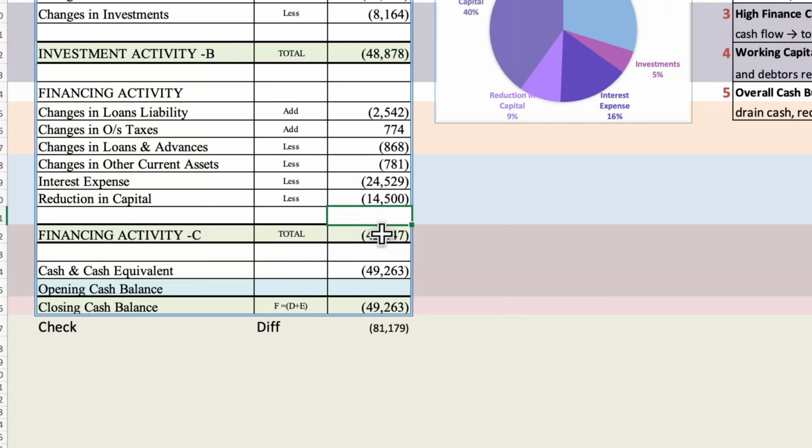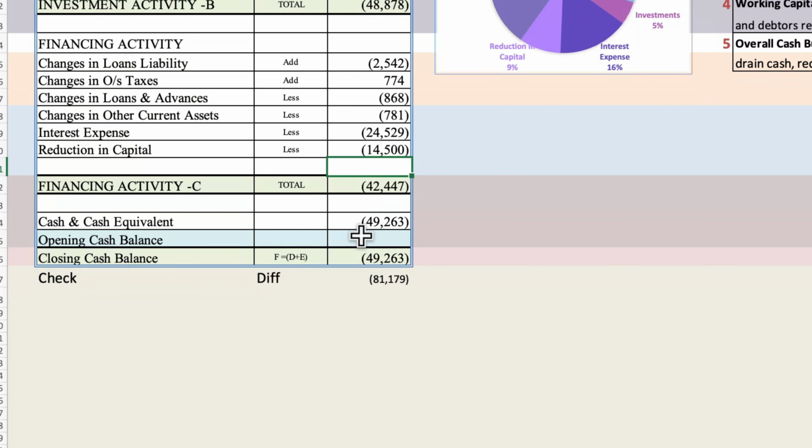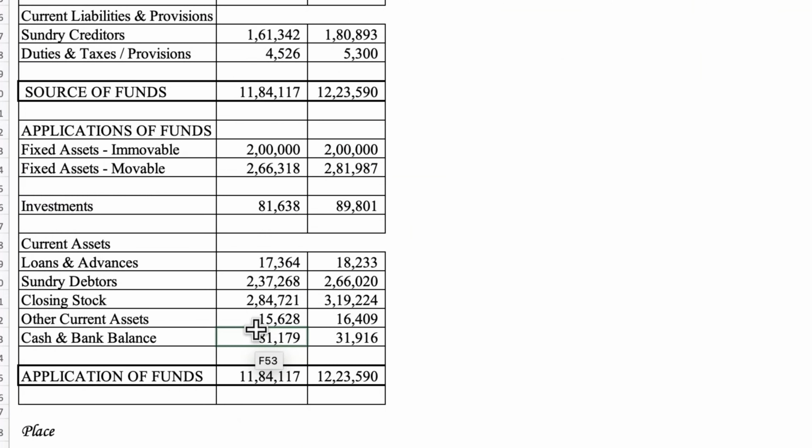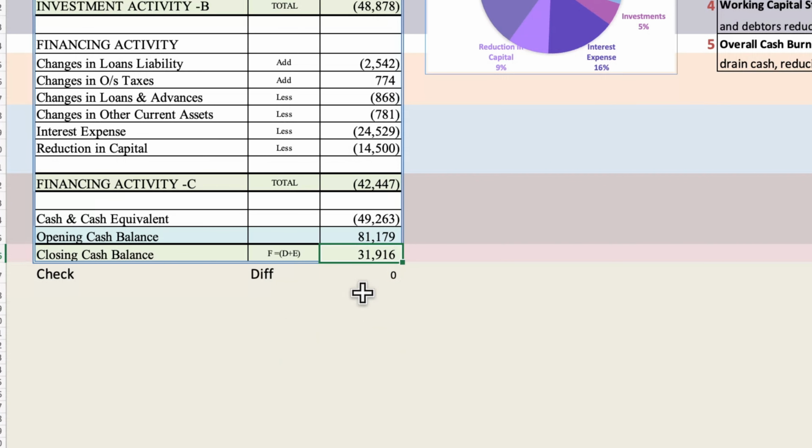So you can see finally 42447 is the negative cash flow from financing activity. We have to add here opening balance, previous year closing balance is the opening balance for current year. So finally you can see closing balance is 31916.